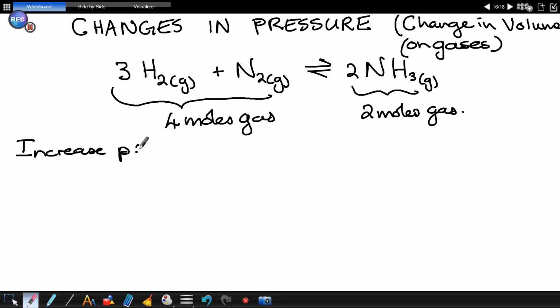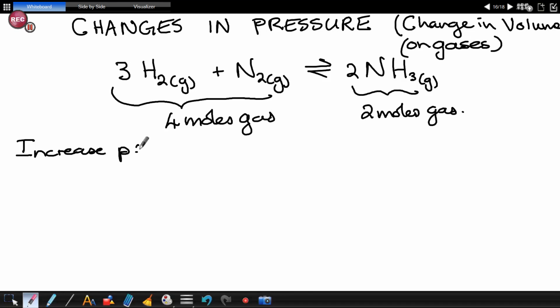So squash the gases, make the volume smaller. You increase the pressure in that way, but you'll favor the reaction that will decrease the pressure, so the forward reaction in this case. 2 moles of gas will exert less pressure than 4 moles of gas.